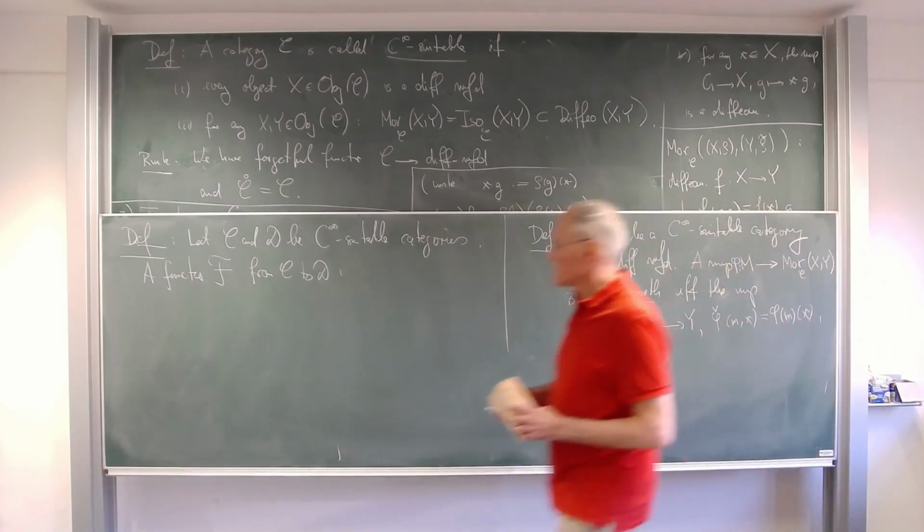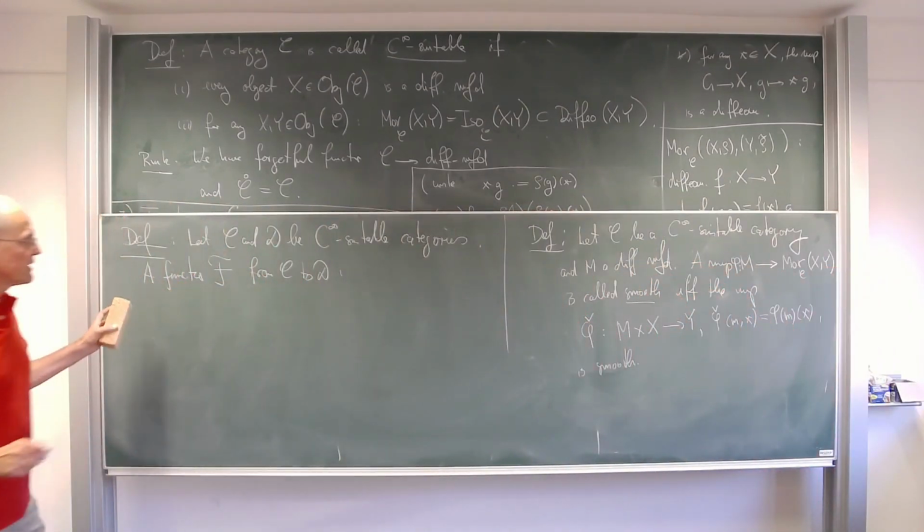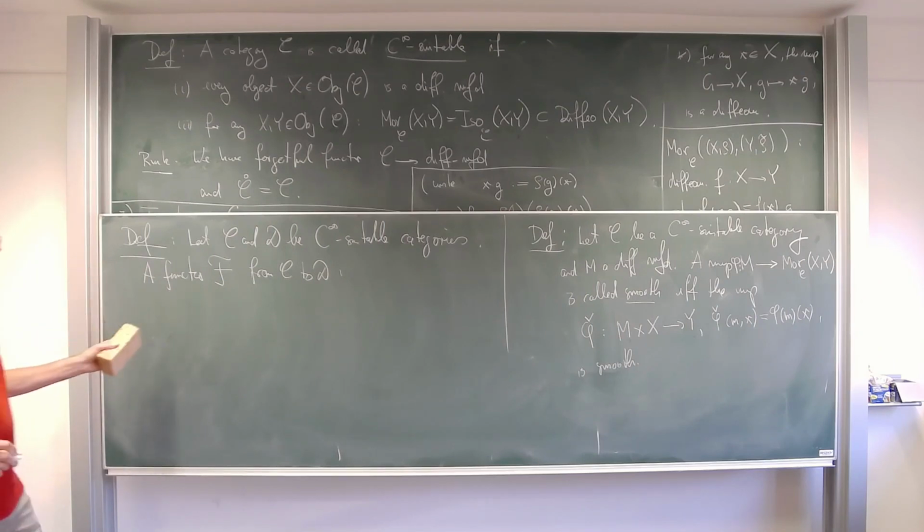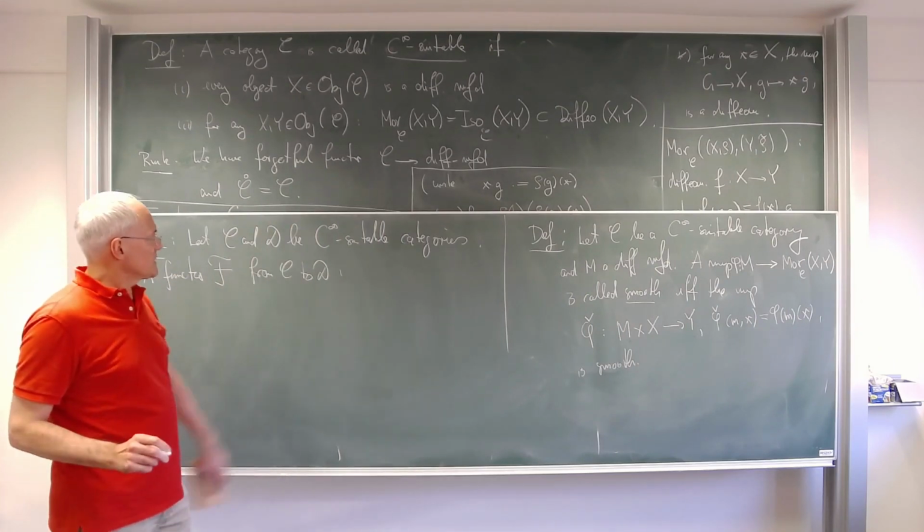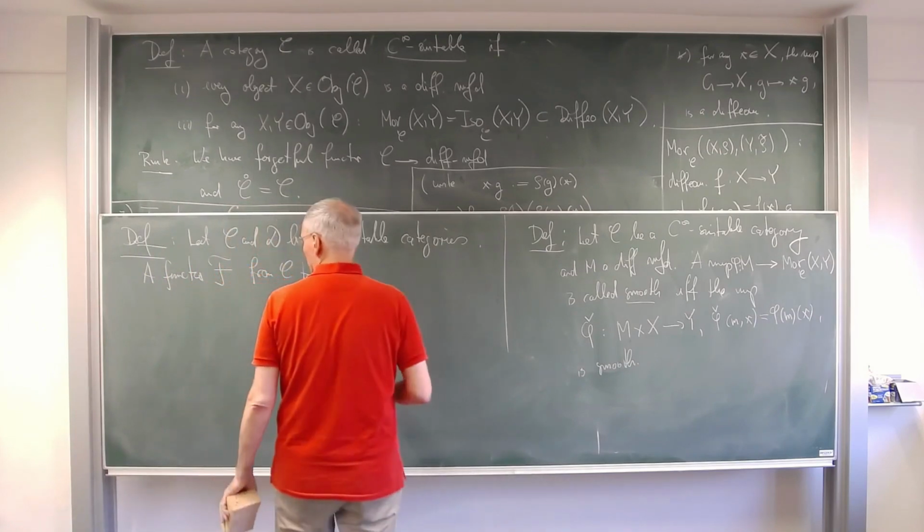Now once I have that, I can define when a functor between two such infinite dimensional categories is smooth.